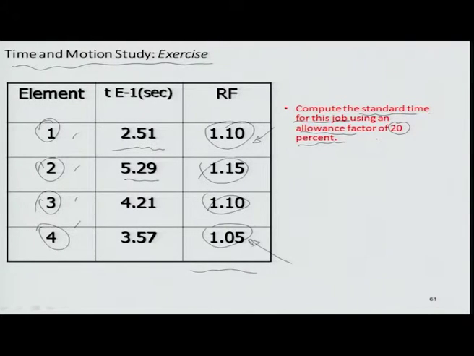So, we use just a simple formulation here. Normal time equals the elemental average time times the rating factor.